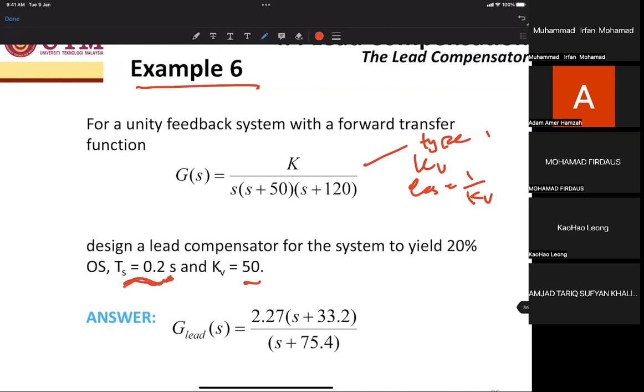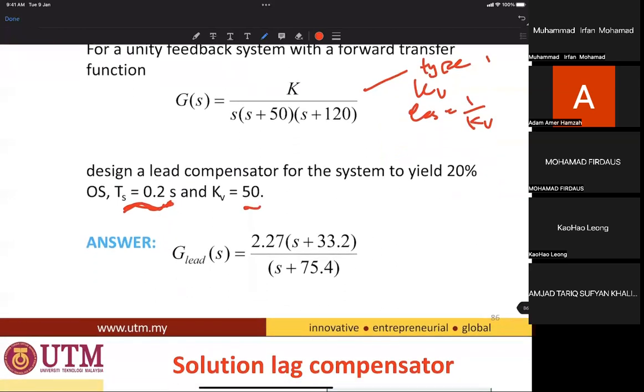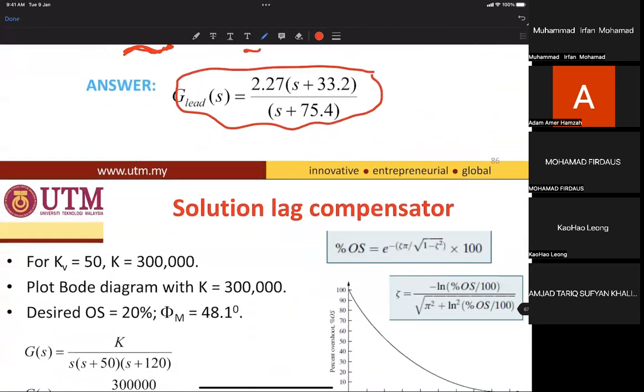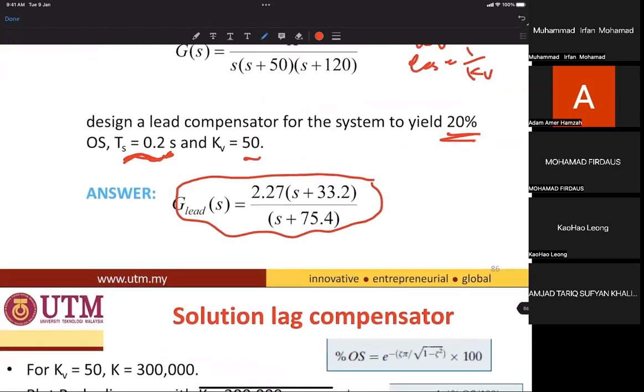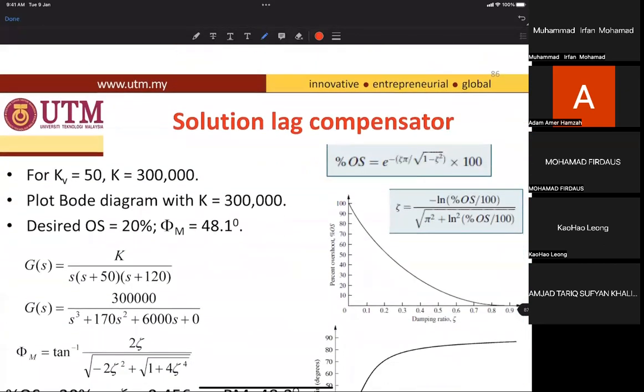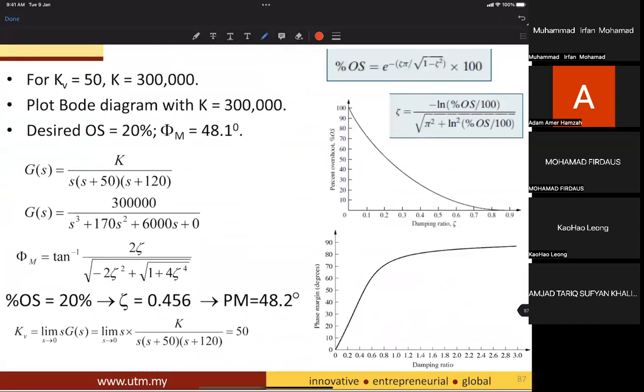Now we don't know the value of K, so we have to design. This one is more or less like the previous examples. This is the answer. Solutions: same as well, 20% overshoot, similar to just now, 48.2 degrees.